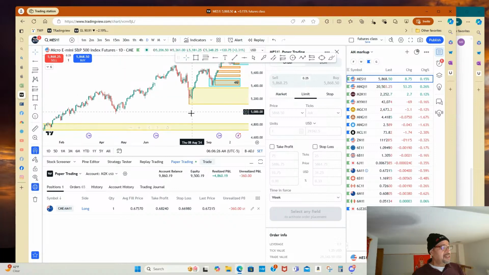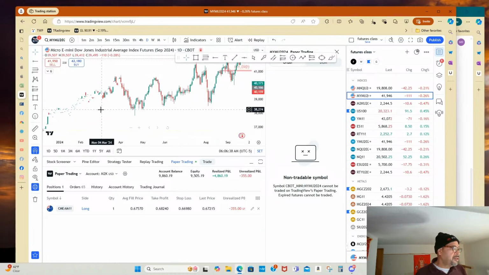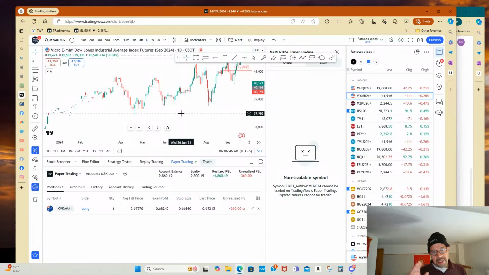So there's different contracts, and this just puts them all together. When you go into an actual contract, like this one that's expired, back in February there's just nothing happening because the contracts themselves are like years in advance.